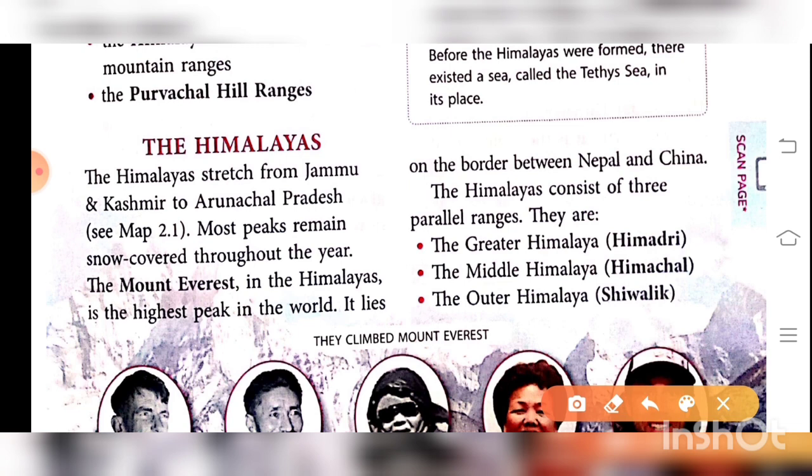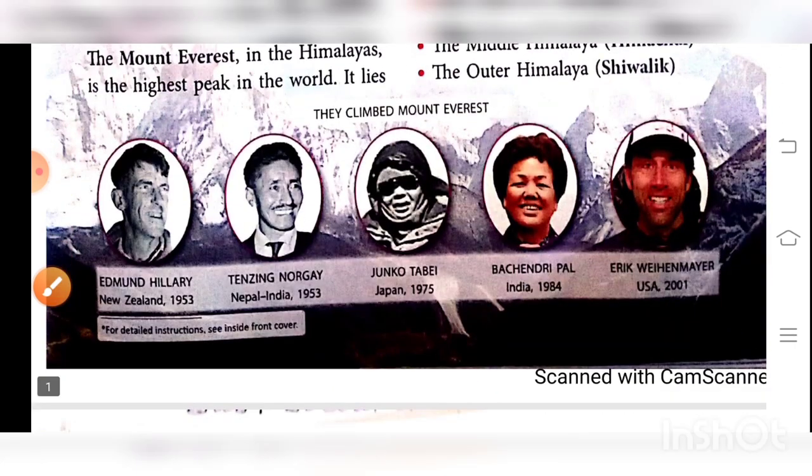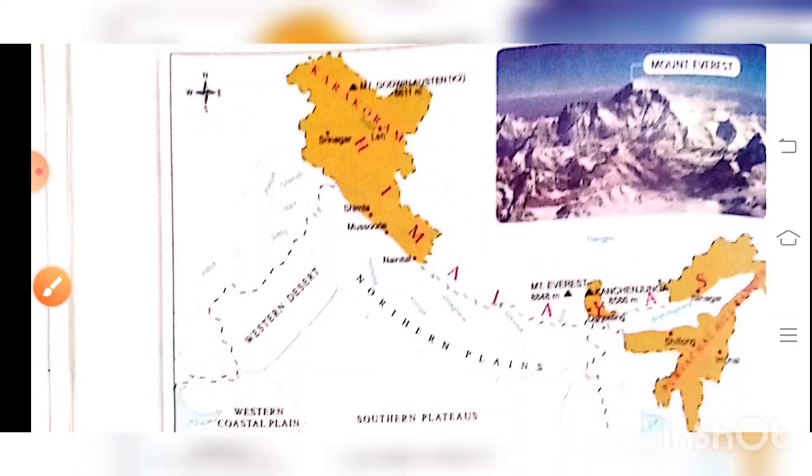First one Greater Himalaya, second Middle Himalaya and third Outer Himalaya. Greater Himalaya is called Himadri and Middle Himalaya is called Himachal and Outer Himalaya is called Shivalik. So students, once again let us see in the map.